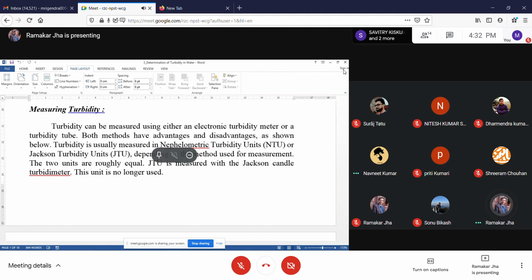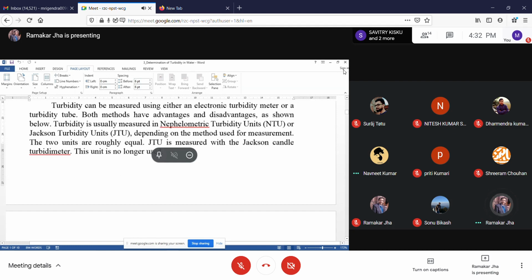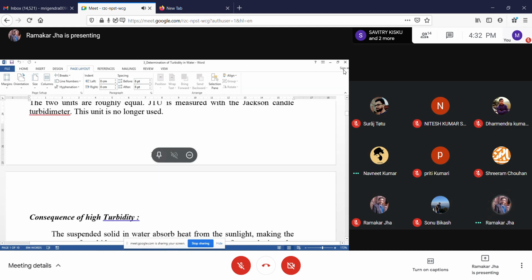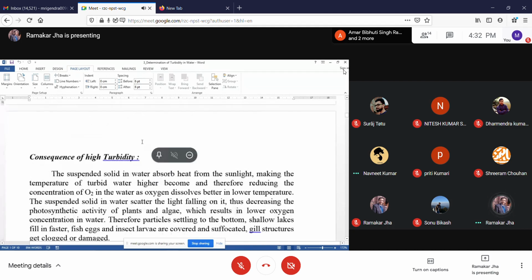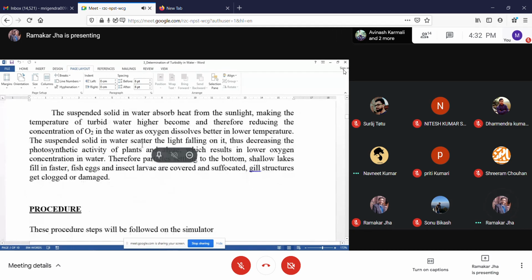So you remember NTU, and if someone is asking you in exams, then you can write nephelometric or Jackson. So depending on the method used for measurement, the two units are roughly equal. JTU is measured with the Jackson candle turbidity meter. That is why nowadays we are using NTU, nephelometric turbidity unit, right?